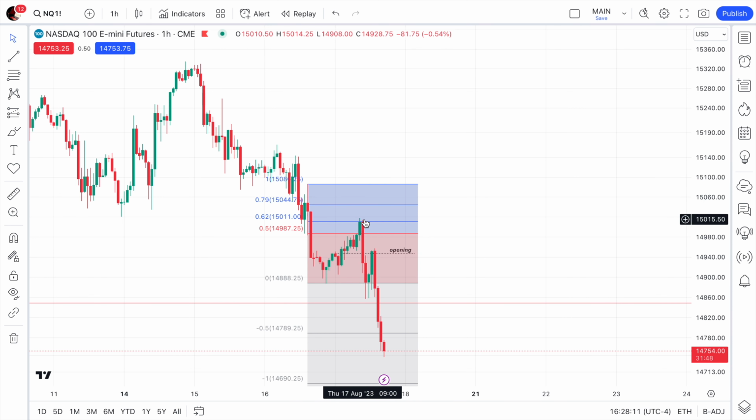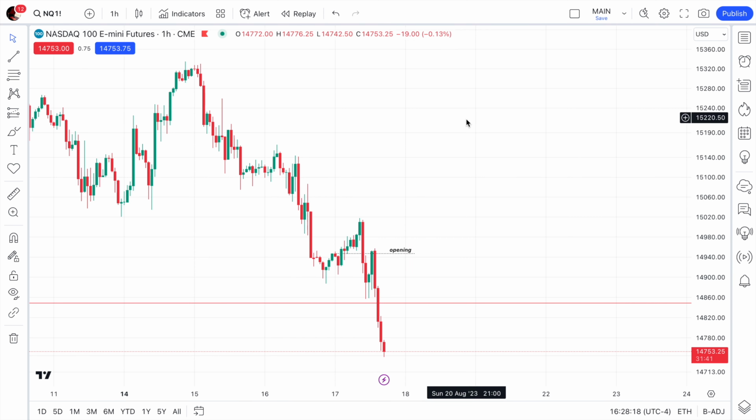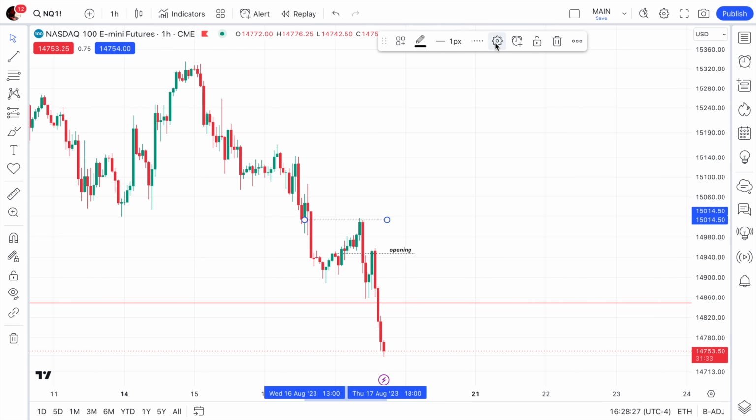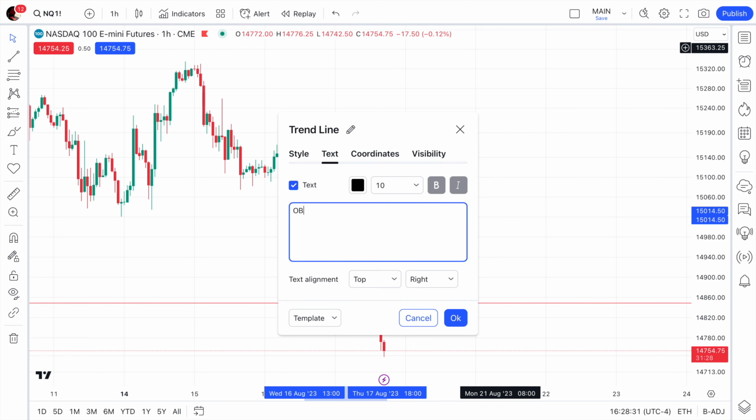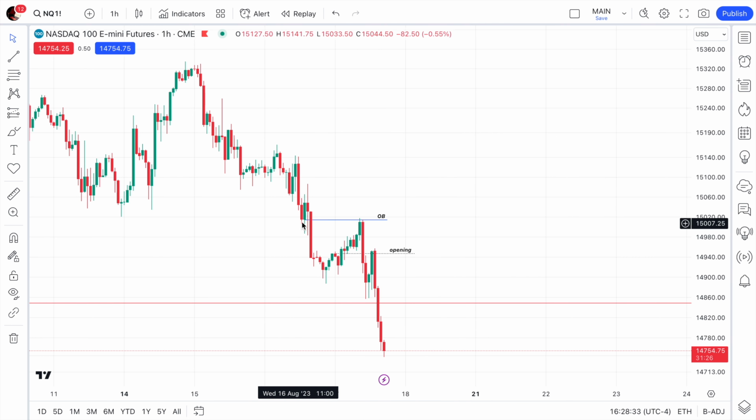It's also optimal trade entry, 62% retracement level. Filling in this inefficiency here. Let me take this fib off quick. Filling in, overlapping this inefficiency, and then trading into this order block here. So you can see that there.